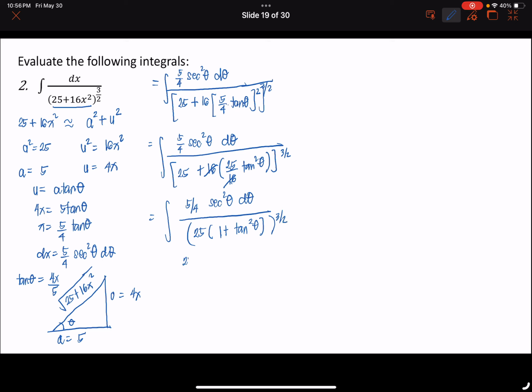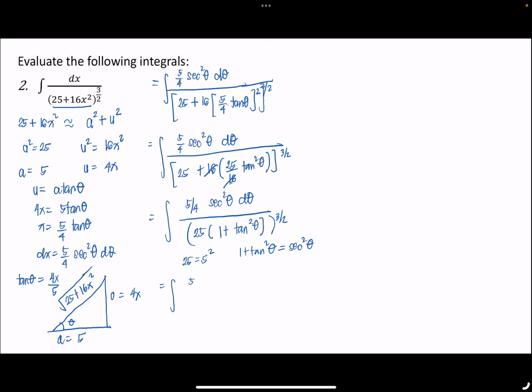Take note that 25 is equal to 5 squared, and 1 plus tangent squared theta is equal to secant squared theta. So with this, we have the integral of 5 over 4 secant squared theta d theta all over 5 squared square root, so that's 5 cubed, times 1 plus tangent squared theta, which is secant squared theta.